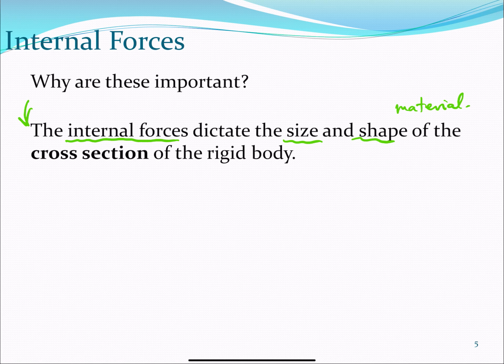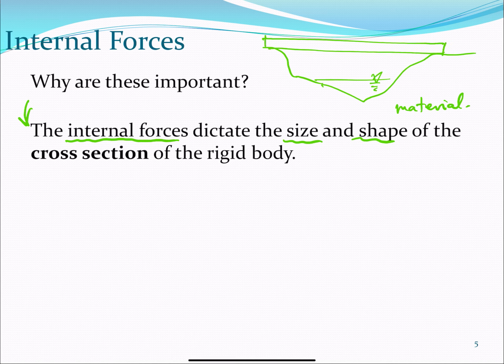So if you're going to design a bridge to cross a river, in order to know how big you have to make it, and whether you are going to make a bridge that has a rectangular cross-section or circular, and what material, concrete, steel, aluminum, wood, you have to know the internal forces, right?